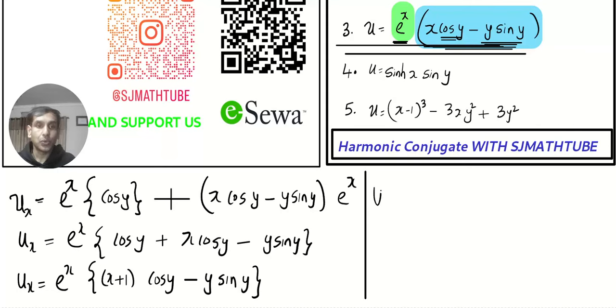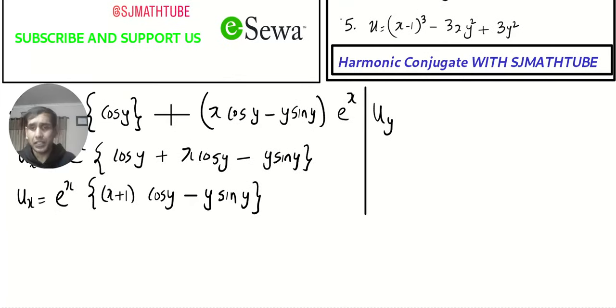Now uy. By the way, normally they will not ask you to prove that this function is harmonic because this question itself is very long. Usually they will not ask you to prove that it is harmonic, but be ready for that. In case you want to prove it is harmonic, it's okay.